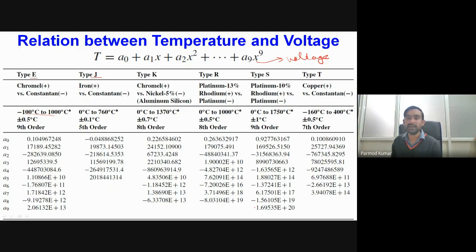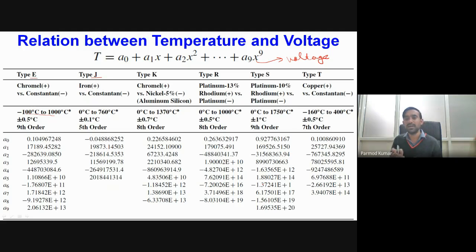Okay, so depending upon that, it will use this polynomial relationship, and finally the microprocessor installed inside that system will do the calculations and give us the corresponding value of the temperature. So this is one important thing which is mainly used. Many times we also make gross blunders.